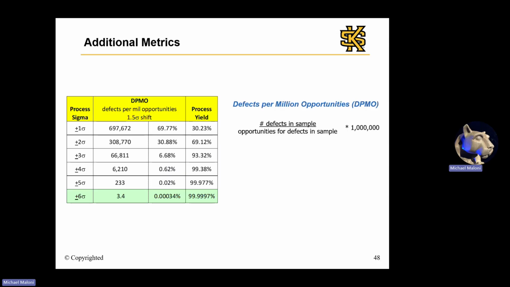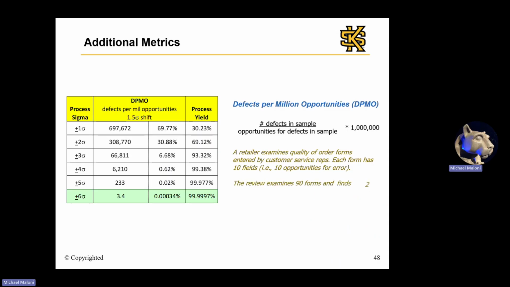As an example, a retailer examines the quality of order forms entered by customer service reps, and each form has 10 fields, meaning there are 10 opportunities for error. And a review of 90 forms finds 2 errors.